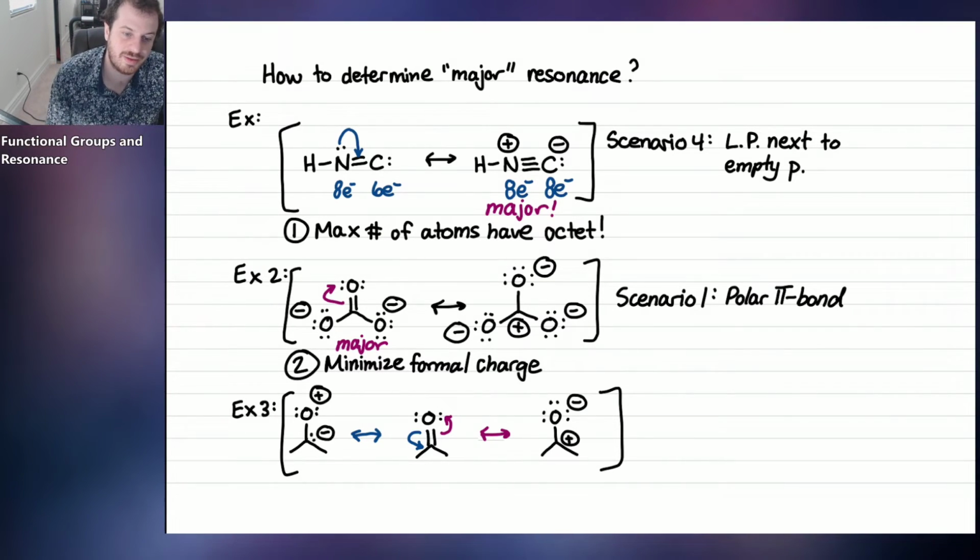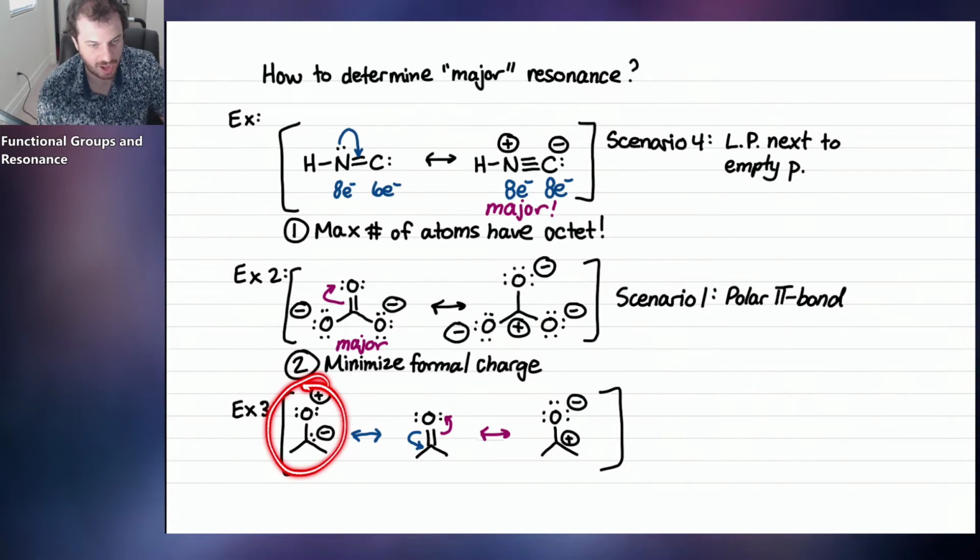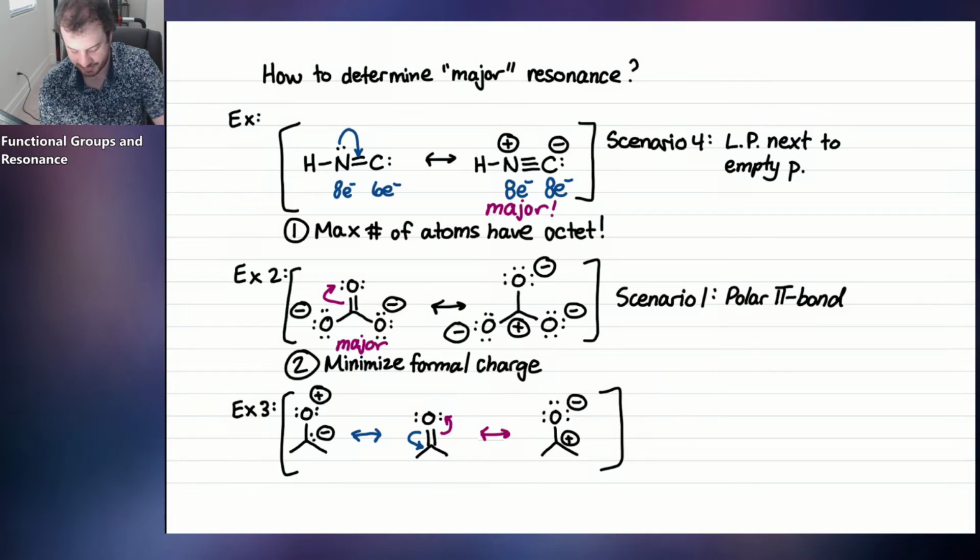Okay, so among these three resonance structures, which one is the best? The middle one, because only the middle one satisfies rule number 1, which is the maximum number of atoms have an octet. In option 3, the carbon does not have an octet. And then in this option over here, the oxygen doesn't have an octet. So that means that the very best is going to be the middle. But comparing the left and right, which one is better?